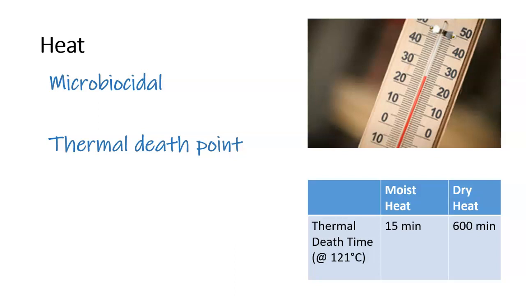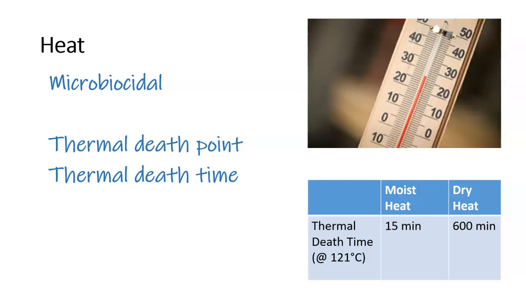For example, the thermal death point of endospores is much higher than that for vegetative cells. The thermal death time is the length of time needed to kill all cells in a population at a specific temperature. This is useful when trying to decide which heating method is appropriate for your particular situation.